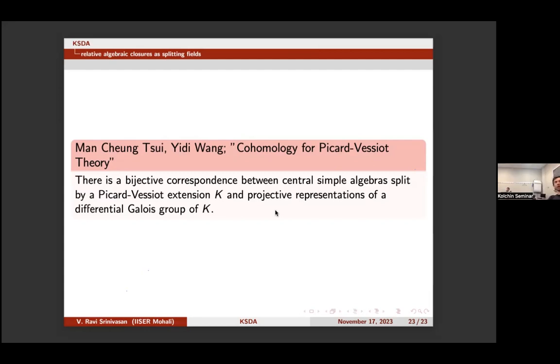Okay. Thank you. I have a quick second question. Have you thought of using any of these for actually solving differential equations? I had this talk with Manujit today. Suppose a differential equation has an algebraic solution.